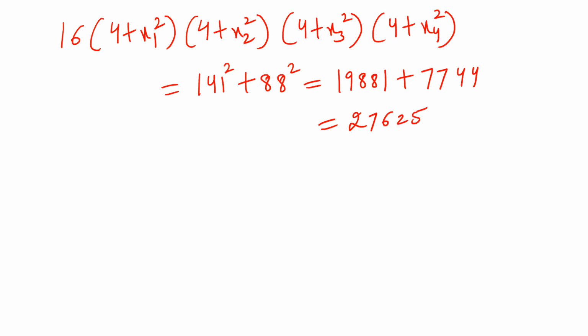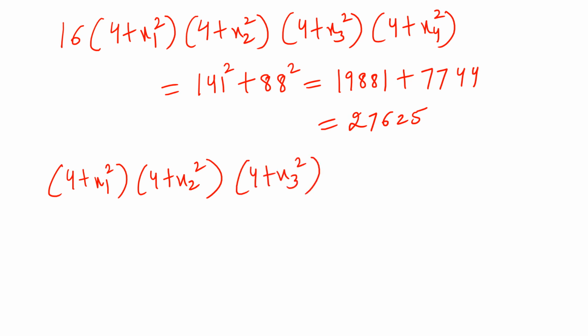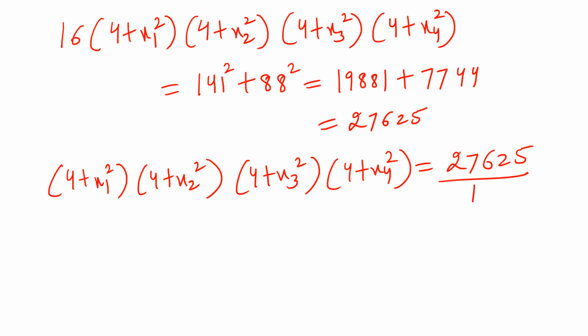So now I can write (4 + x1^2)(4 + x2^2)(4 + x3^2)(4 + x4^2) equal to 27,625 divided by 16, and this value is given equal to 125m/16, right?